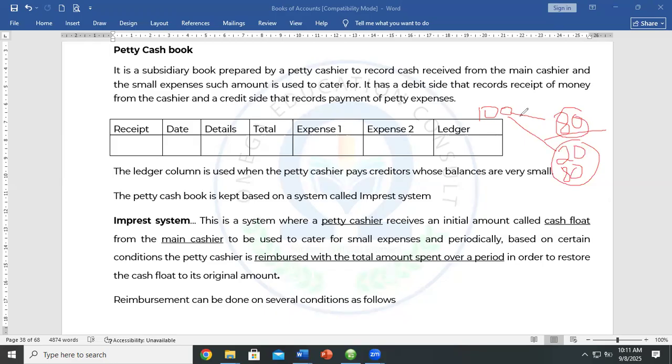In this scenario, 100 cedis. So what I want you to understand is that you are only reimbursed with the total amount you have spent at all times. But as to how you are reimbursed, it is determined by the main cashier.